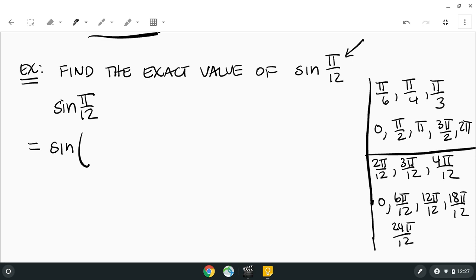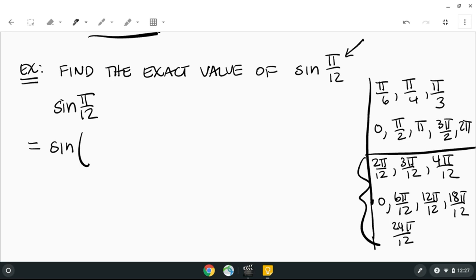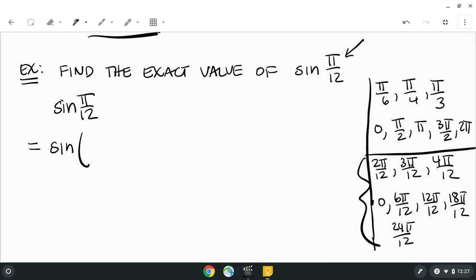So if we look inside here, where they all have the same denominator, we can use several choices. We could do 3 pi over 12 minus 2 pi over 12, right? Or we can do 4 pi over 12 minus 3 pi over 12. Okay, so we can do those. It doesn't matter which one, you'll still get the same answer.